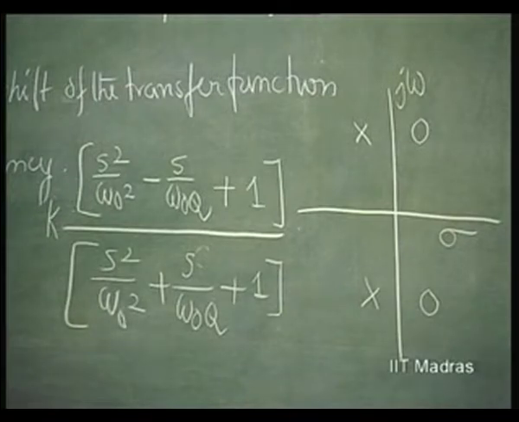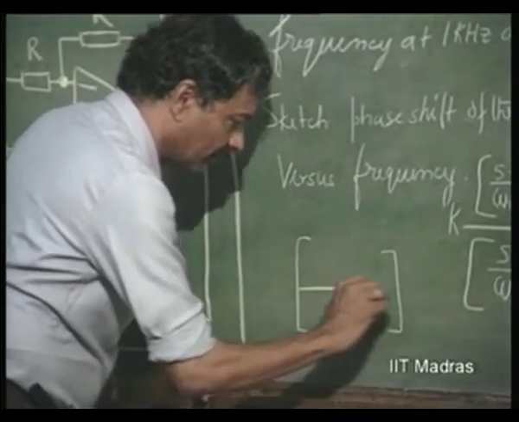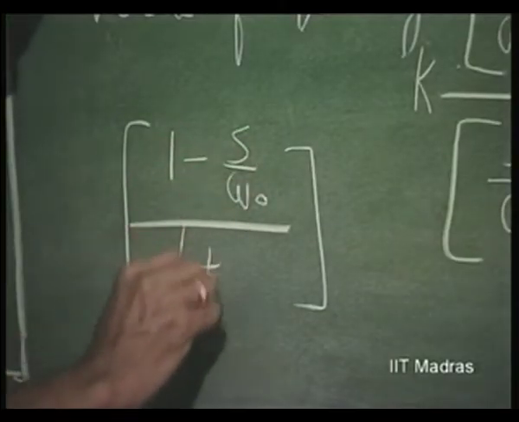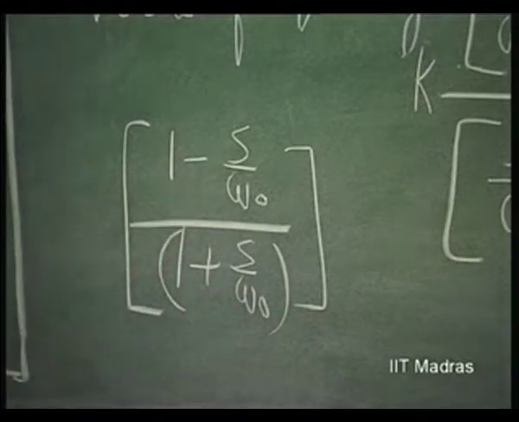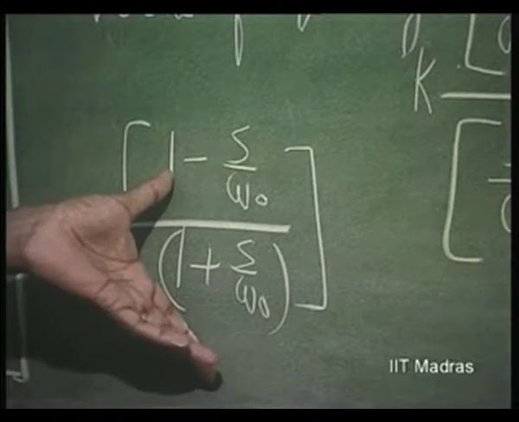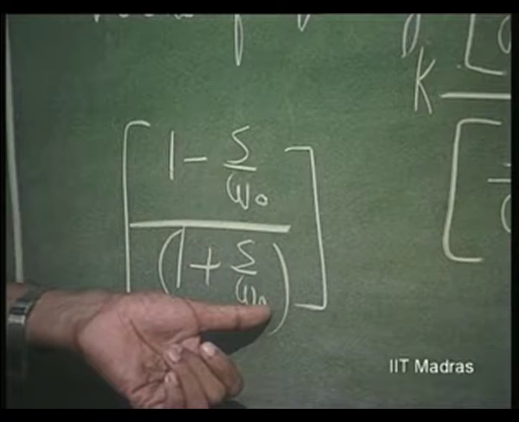If it is first order all pass, just for comparison, okay, first order all pass will be so this will give you a full coverage from 0 to 180 degrees, 0 to minus 180 degrees. Okay.